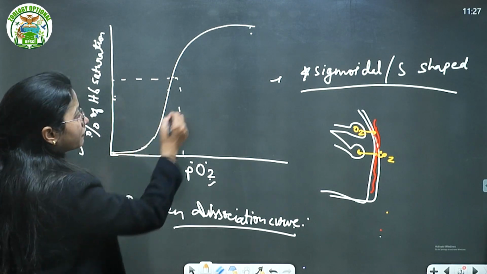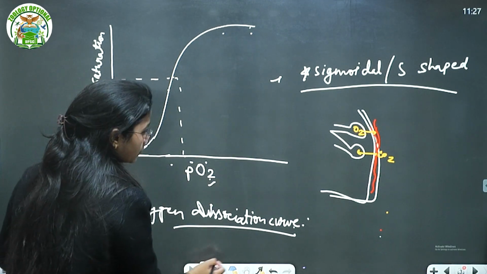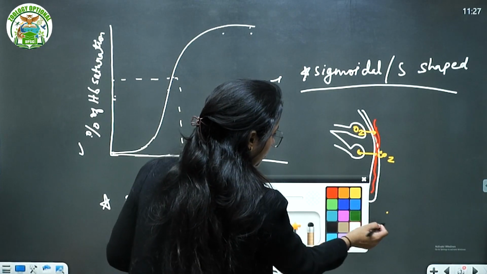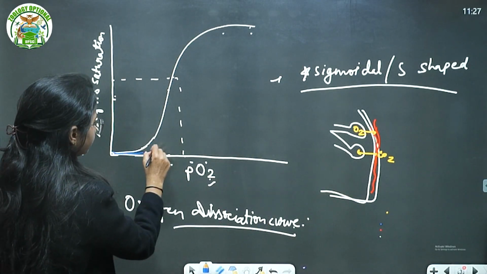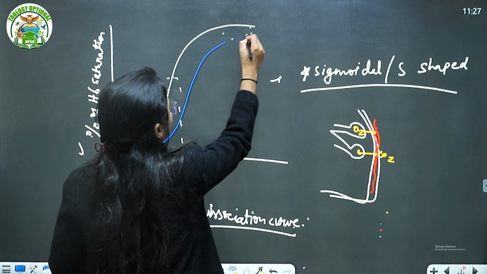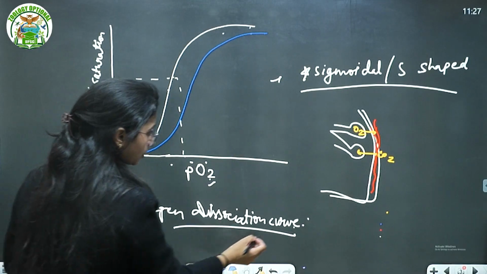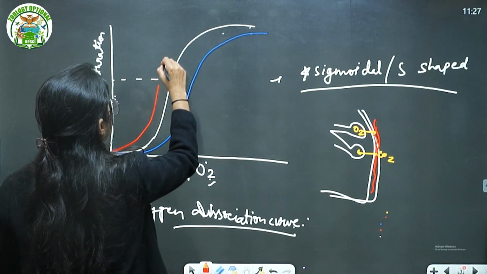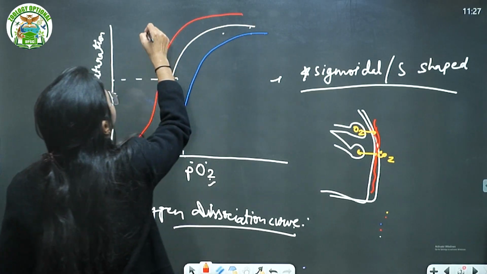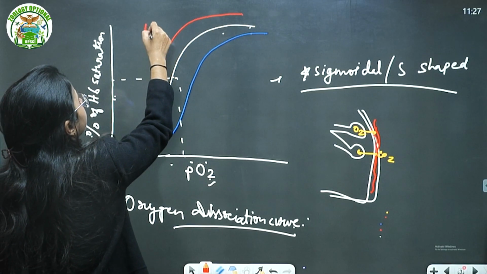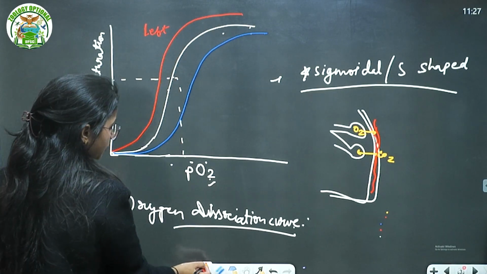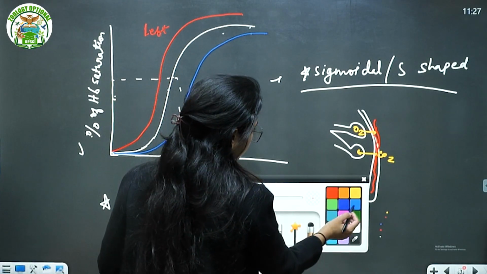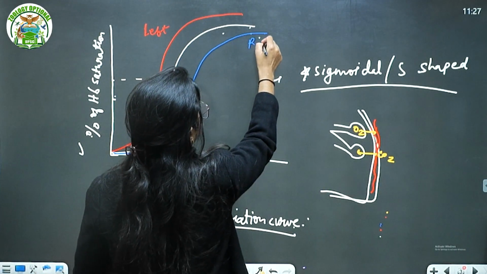So this is your shifting to the right. If you are moving here, it is your right. Okay, so if any one of the factors like that occurs, this is shifting to the right, and this is your shifting to the left.